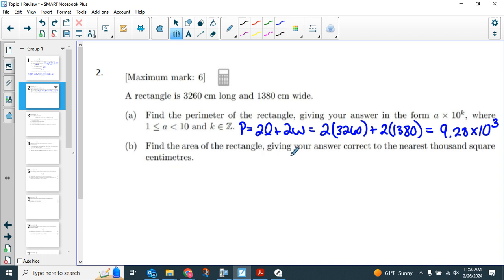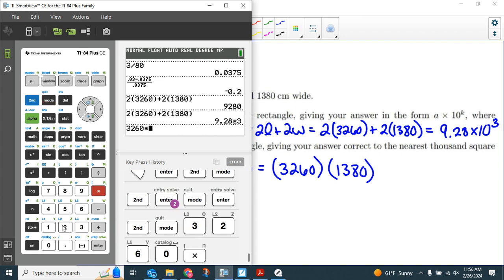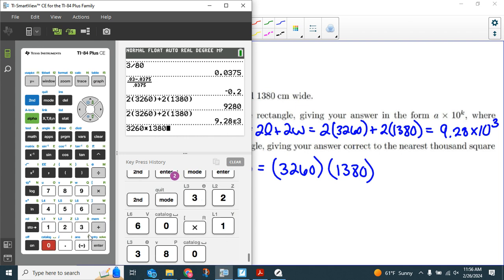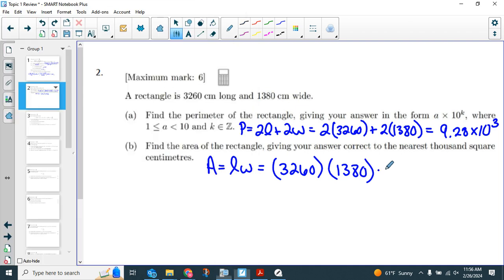All right, find the area of the rectangle, giving your answer correct to the nearest 1,000 square centimeters. So, of course, area is simply length times width. So in this case, 3260 times 1380. All right, this is 4,498,800.